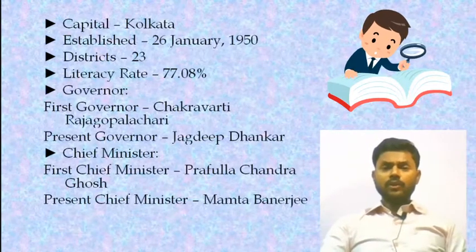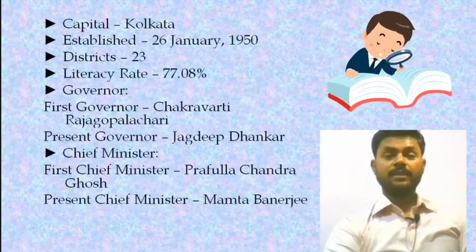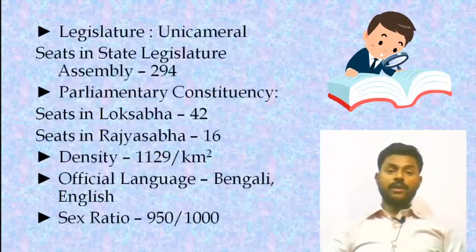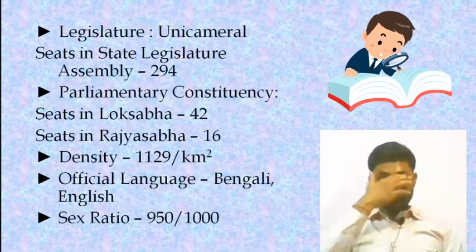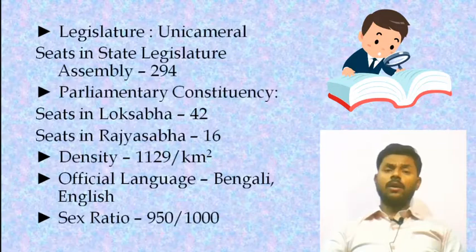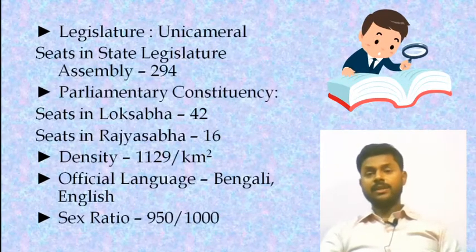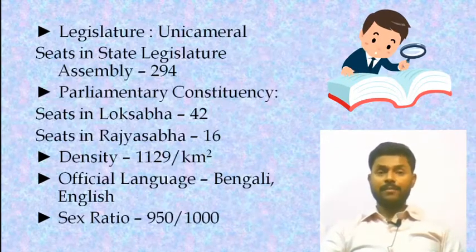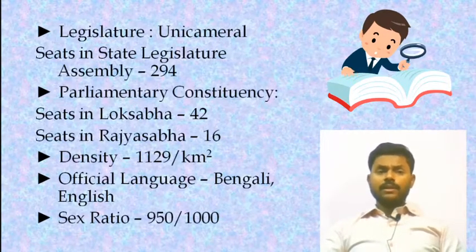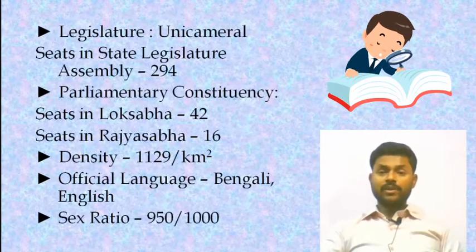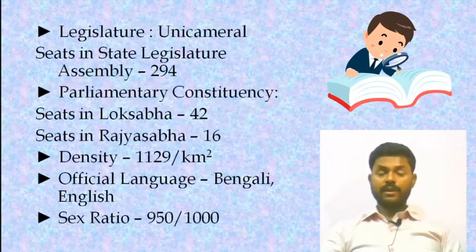Now we will know some more important things related to West Bengal, and the next thing is the legislature of West Bengal. The legislature of West Bengal is unicameral, and the seats in the state legislative assembly are 294.